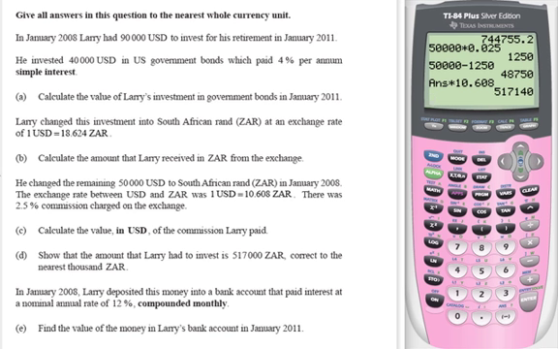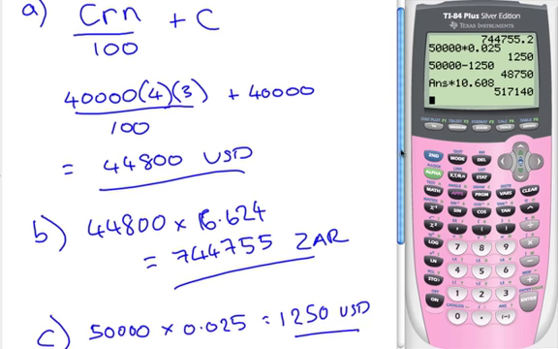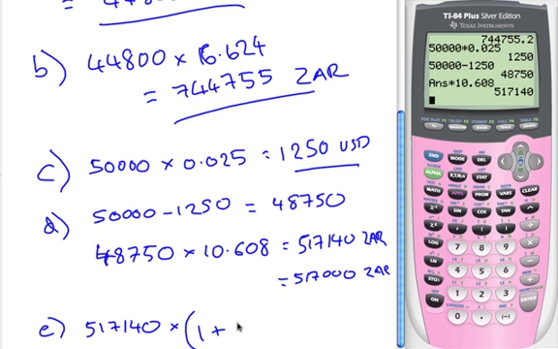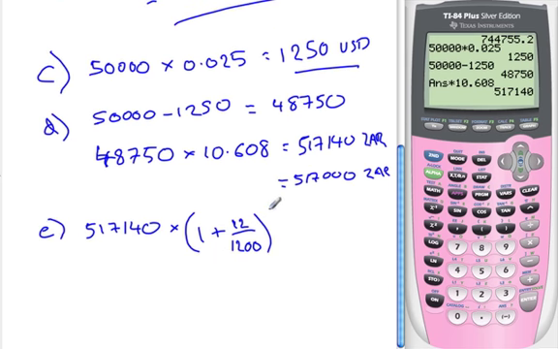If we're compounding monthly, what we're going to do is just add 1% every month, which will give us 12% for the year. So either 1 add 1 over 100 or 1 add 12 over 12 times 100 if you're using the formula. It's the same thing.